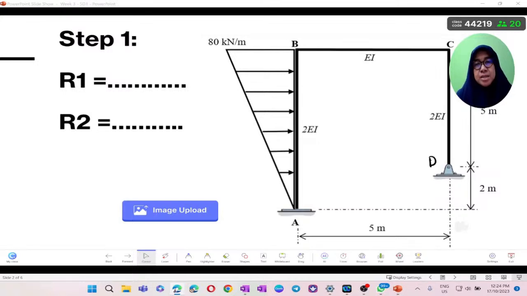So you can remove two from pin, or you can remove one from fix and one from pin to become one pin, one roller, or you can remove two from fix so it will become one roller, one pin. Remember the primary frame is a determinate frame. You have to make sure that the system must be either one fixed end or one pin, one roller to become stable and determinate.